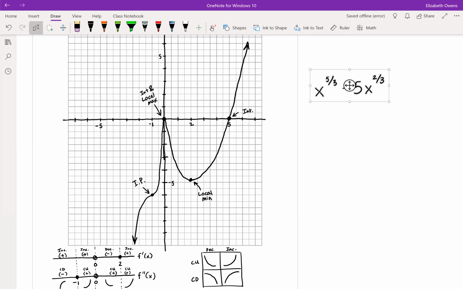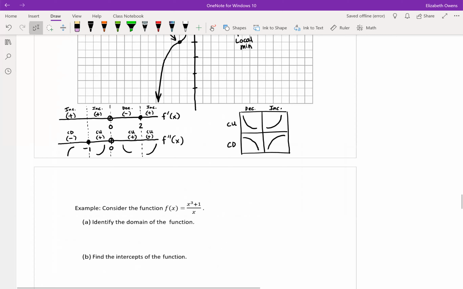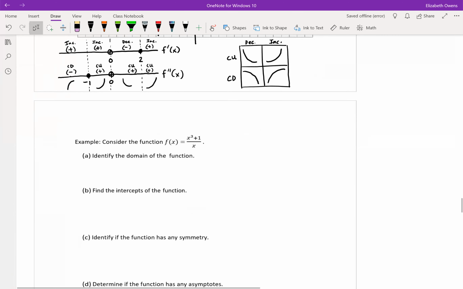So there's still one problem left in this section's notes, and I'm going to leave this one for you guys to try out so you can try the whole process from scratch. And I'll finish out the notes for this, and then you can check and see if you did the process correctly by checking through the notes, which will be posted on Canvas.